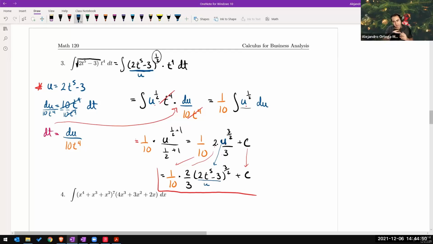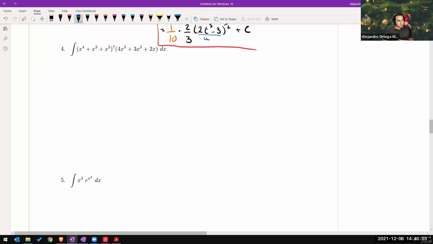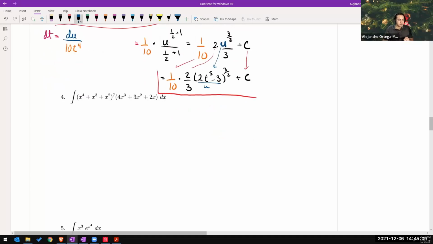So yeah, it's kind of two substitutions. And we'll keep on seeing more examples though, and hopefully it starts to make a little bit more sense. So let's take a look at number 4 here. Again, that's the one that kind of looks scary, but as we'll see, it's actually not too bad.